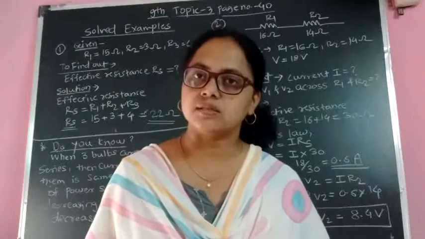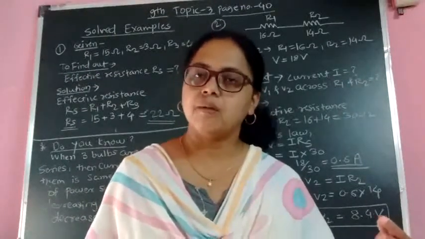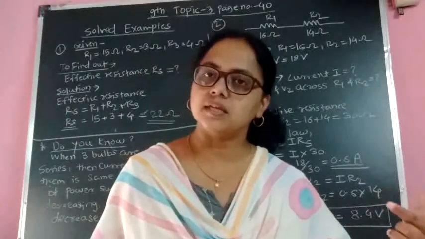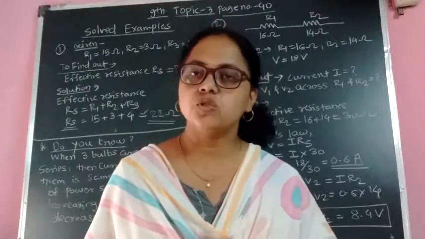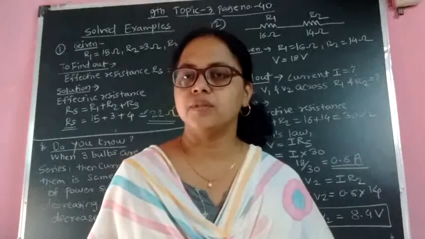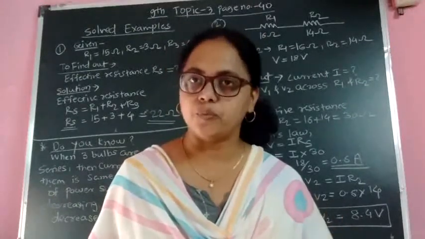Output is very less because current flow through them is same, but resistance is high. When we connect bulbs in a series, the resistance created in the circuit is very large, so it opposes the flow of electric current through the circuit. So they will give very less output.